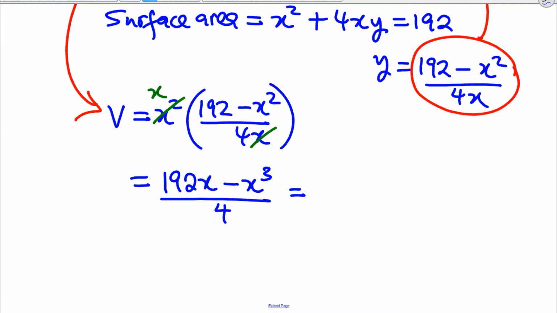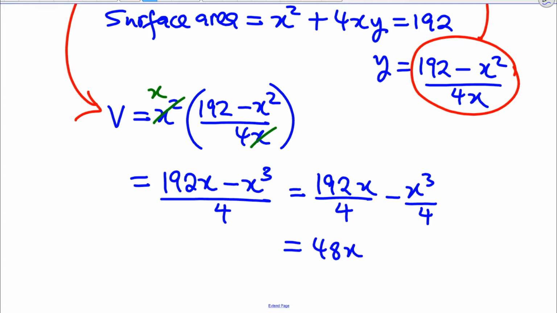So anyway, that's 192x over 4 minus x cubed over 4, which is 48x minus x cubed over 4. So that is now our new equation in terms of one single variable. Okay, so we have that.